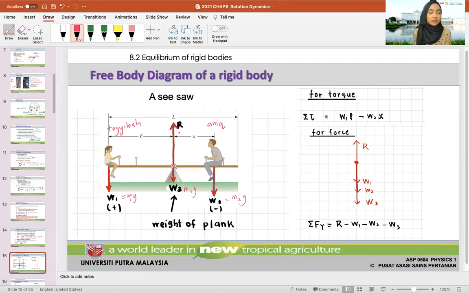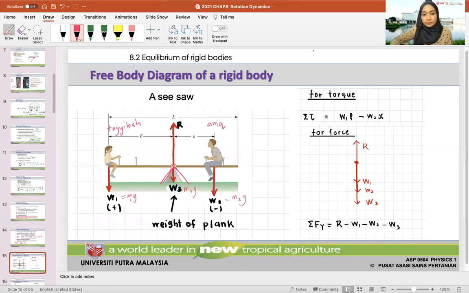R is the reaction force, right? What is the condition to have R? In contact with the surface. It has to be in contact with the surface. Okay, betul. So this plank is in contact with this support. I don't know what it's called, but it is in contact. So we say, okay, this is the R over here.